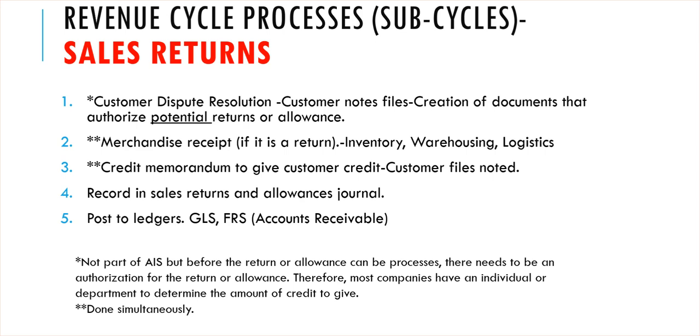So that's an allowance. And we don't process allowances in the SUA, but it's a similar procedure. There has to be an authorization, and then there is an adjustment on the customer's account. The difference being that you do not have the merchandise being received in.